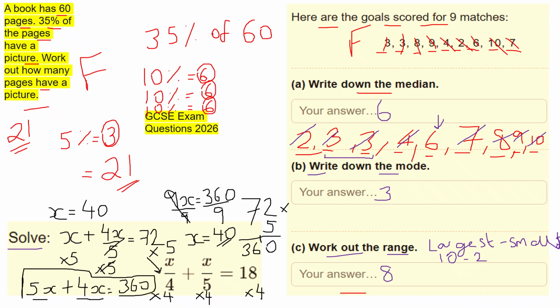And then we rearranged to make x the subject by collecting like terms on the left hand side. 5x and 4x makes 9x, so 9x equals 360, and then dividing both sides of my equation by 9 to get x on its own, we get x equals 40.